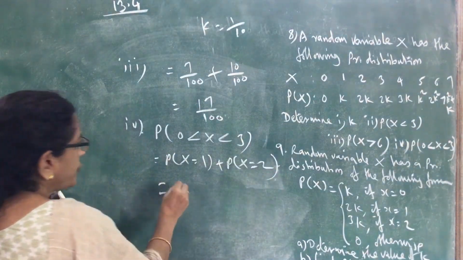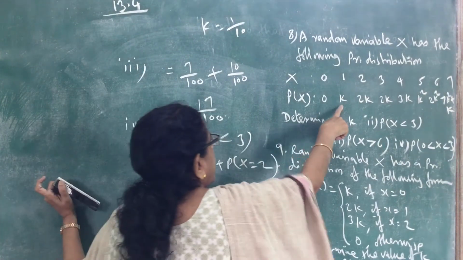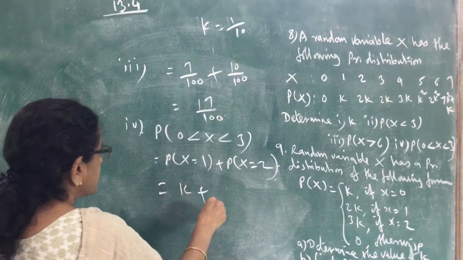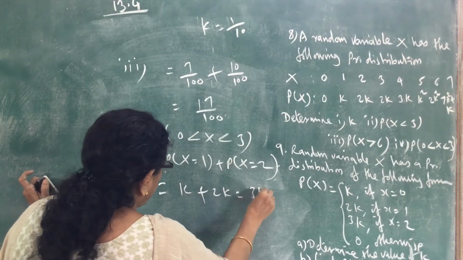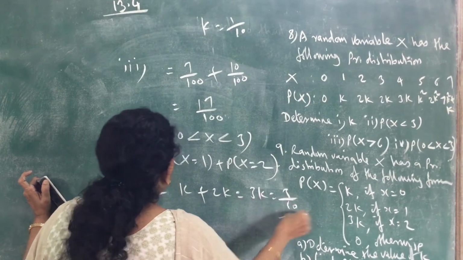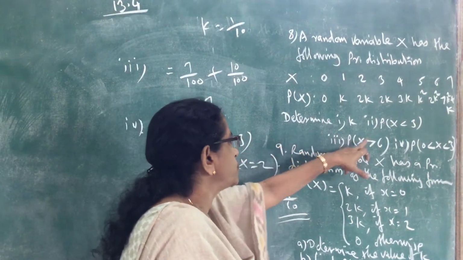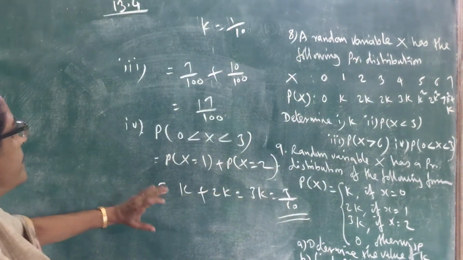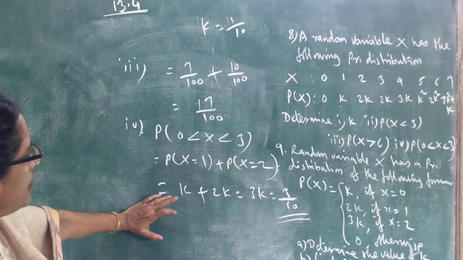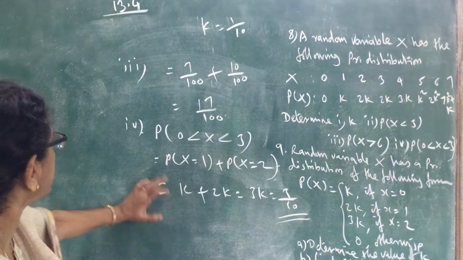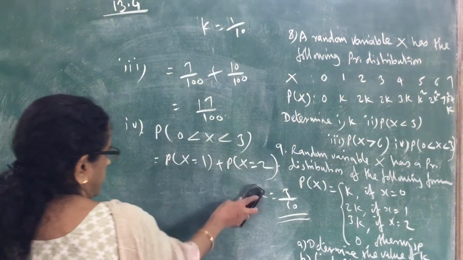X equal to 1 means k, plus probability that x equal to 2, 2k. That is equal to 3k, that is 3 by 10. So that is the answer. 1, 2, 3, 4. We got the answer. X greater than 6 means 7. Found all the questions.